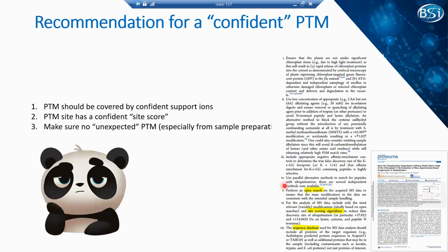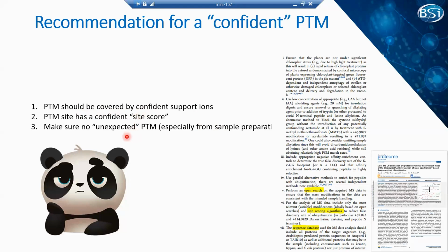Still based on this paper, the authors give us some recommendations on how we can say this is a confident PTM. The first thing, as we said, is that the PTM should be covered by the confident support ions. The second is that our software should give a confident site score. Based on this site score, I can find the probability, or how confident I can be, that there is a PTM at this site.